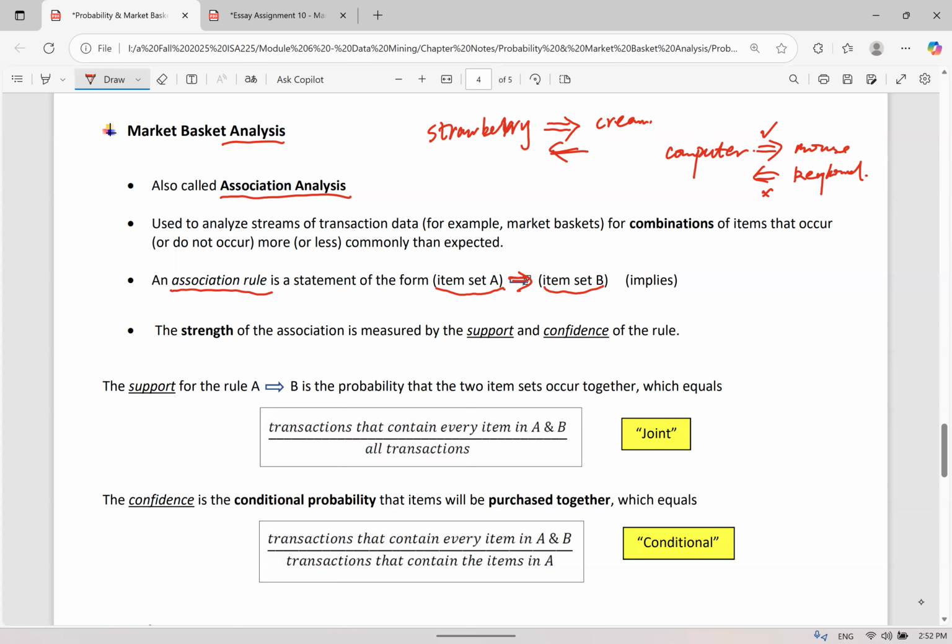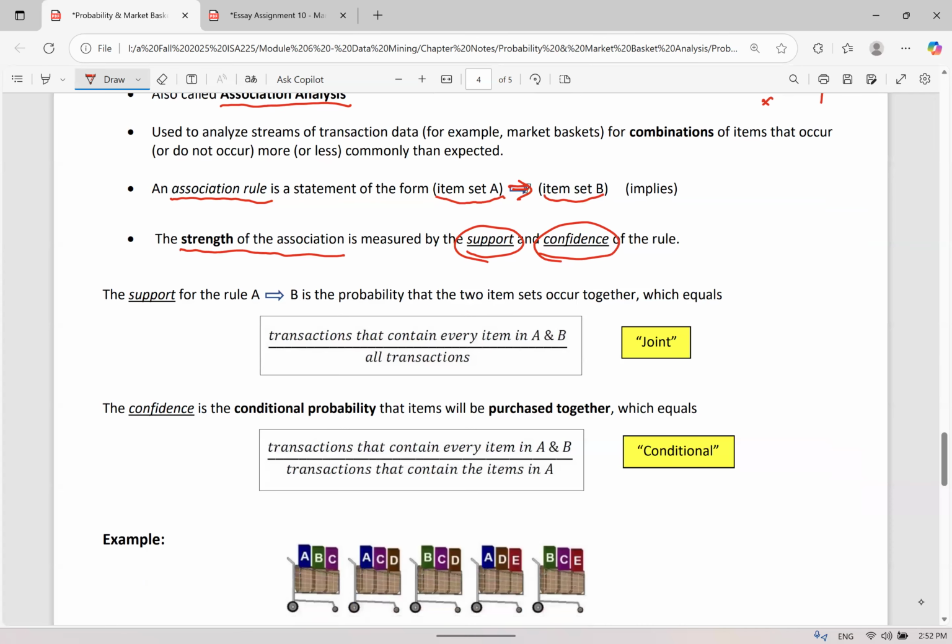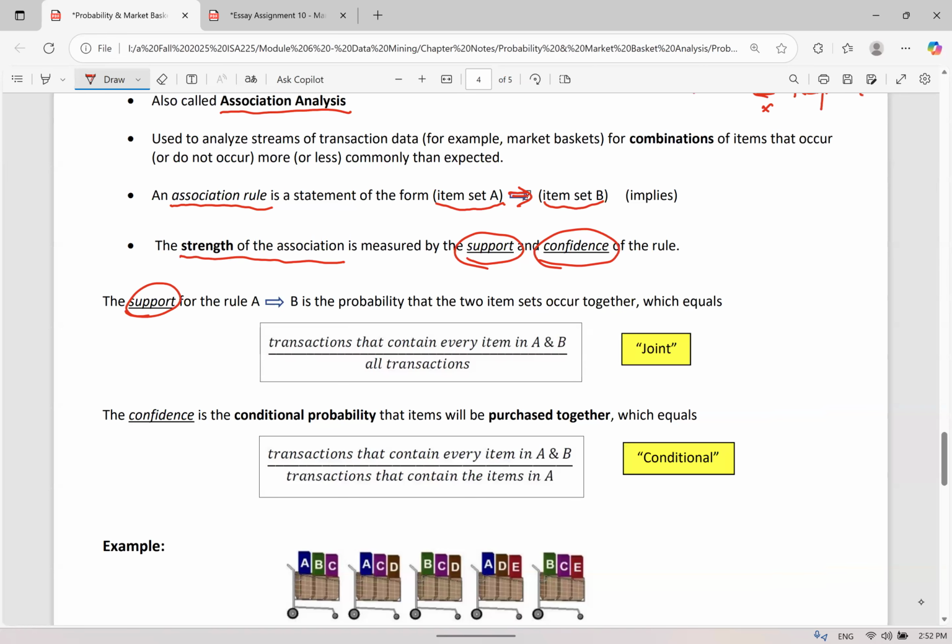So to test the strength of this association U, we'll use two criteria. We call them support and confidence. All right, so now let's look at the first one. What is the support for this U?